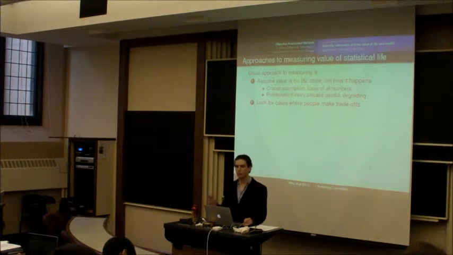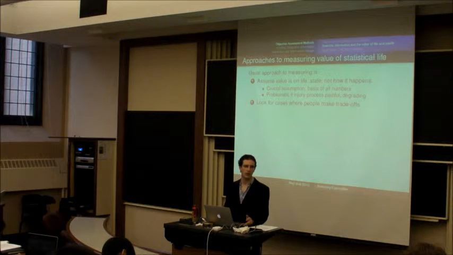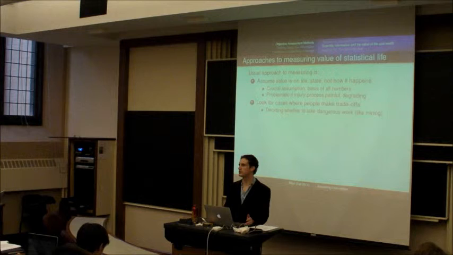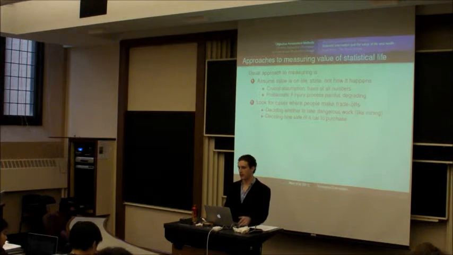Second, you look for cases where people have actually made a trade-off, where they could have paid more or accepted a lower wage in order to get a smaller chance of dying or being injured. The most classic example of that is dangerous work like mining. It typically pays much better for the same skill level to be a miner than to do other jobs, because people are taking a chance that they'll be killed in a mining accident.